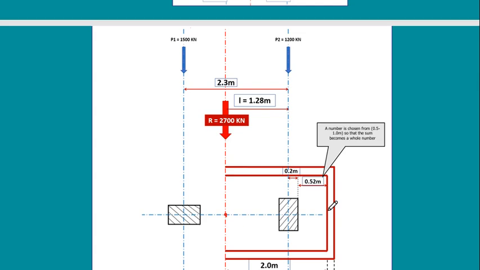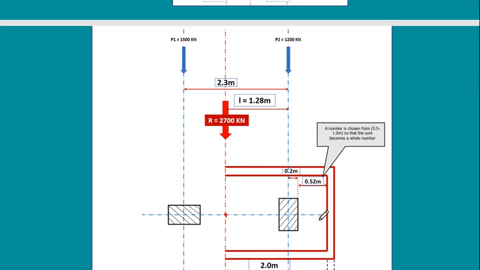So now I know where the half is. Let's sum up the distances. From here to there, it is 1.28, what I have just calculated. From here to there, this is half the width of the column, I know it.